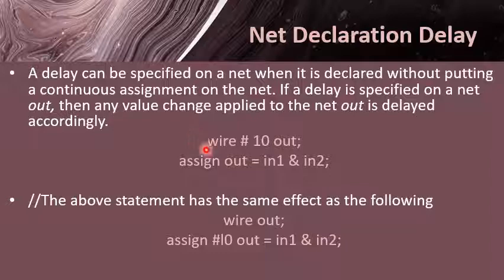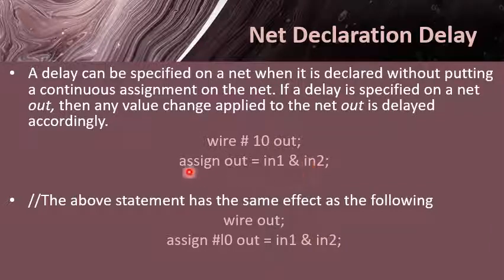But in net declaration delay, while declaring the net wire out itself, I specify the delay, that is wire #10 out, and assign out equal to in1 and in2. In this case, in1 and in2 will be evaluated and assigned after a delay of 10 time units.